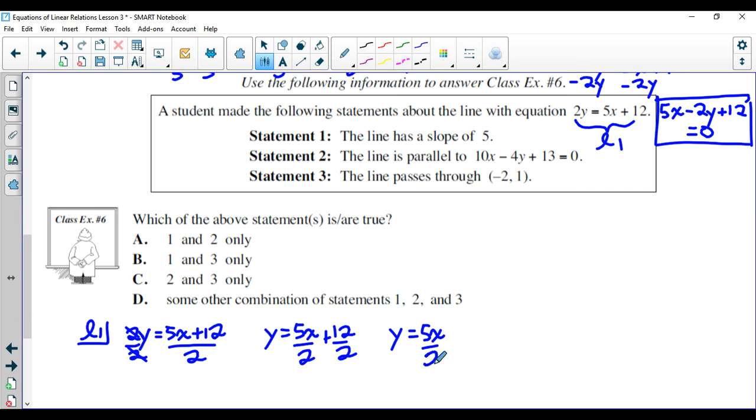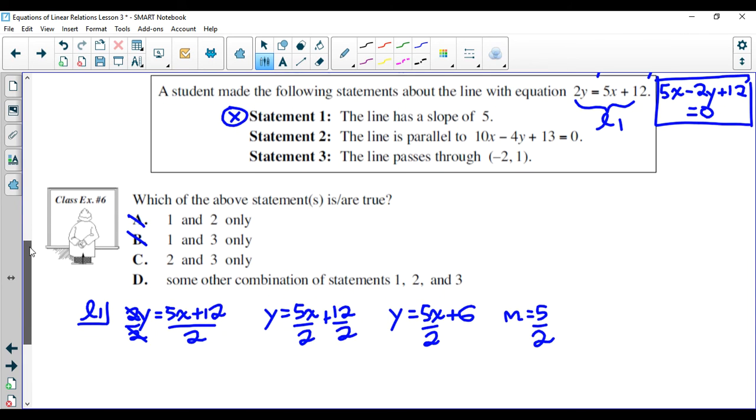And let's simplify this. This is then turned into y is equal to 5x over 2 plus 6. Okay, y equals mx plus b. Your slope is 5 over 2. Okay, so statement 1 said the line has a slope of 5. That's wrong. So the error the student made here is they didn't divide both sides of the equation by 2. Because you divide by 2, then you isolate for y, and then it's y equals mx plus b format. So that's wrong.